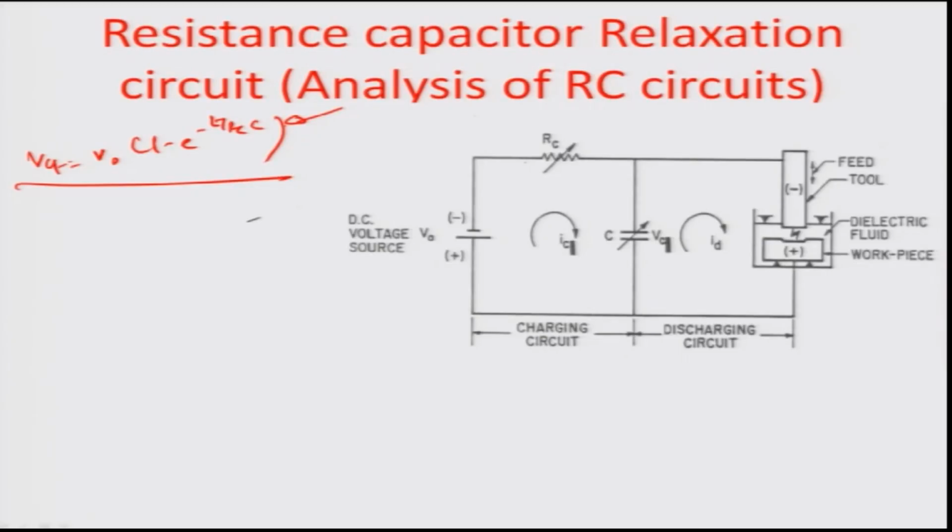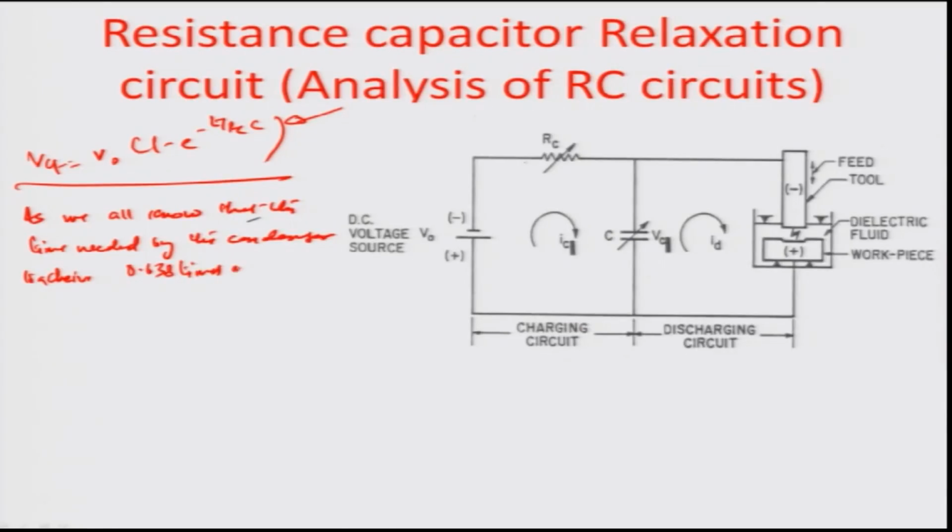So, as we all know, the time required by the condenser to achieve around 63% of its charging voltage, so, therefore, 0.63 V0, okay.